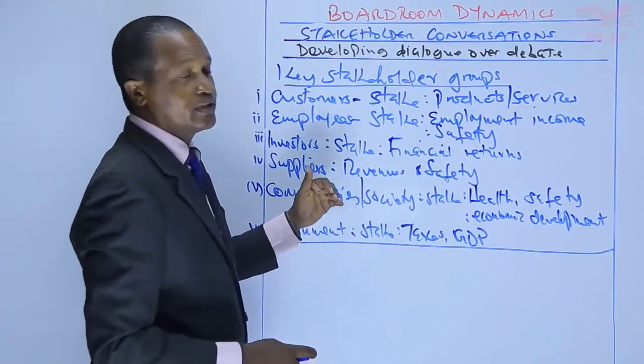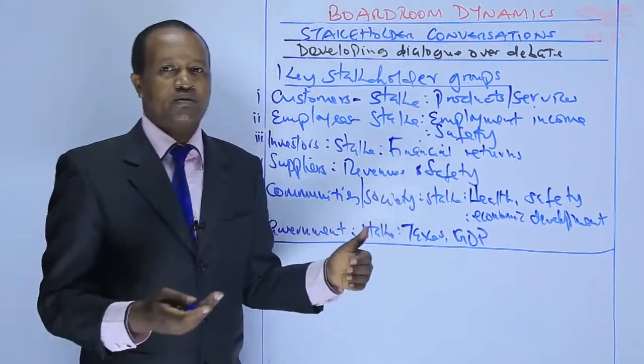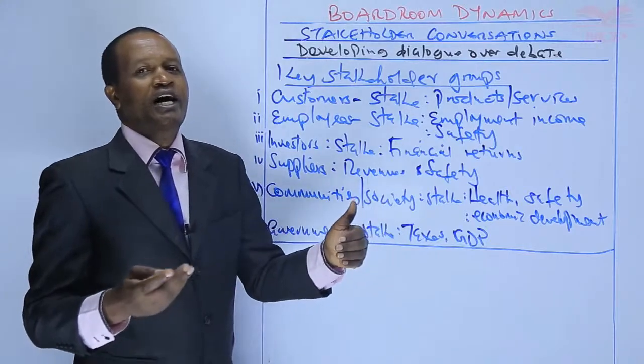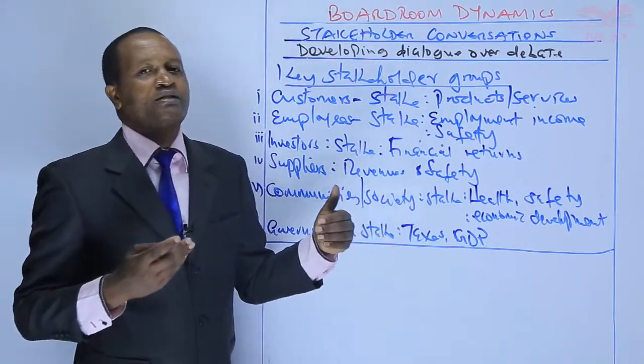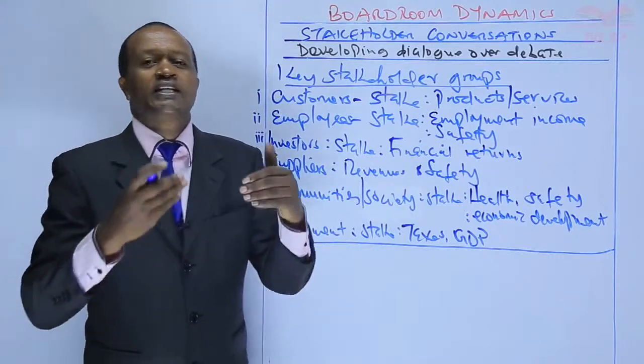Earlier on, I had mentioned that it is not possible to satisfy every interest of every stakeholder. So it is important that stakeholders are confident that companies are dealing with their interests with the necessary care.